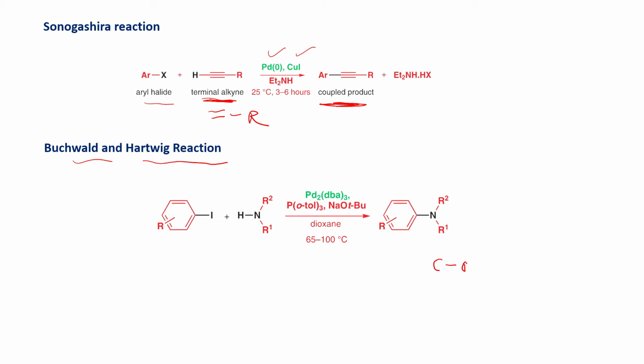In the previous examples we studied, like the Heck, Sonogashira, Stille, Suzuki and Negishi reactions, there is carbon-carbon bond formation. But in the Buchwald-Hartwig reaction, there is carbon-nitrogen bond formation. Here you treat an organohalide with an amine in the presence of a palladium catalyst, so you are getting this C-N bond formed product.